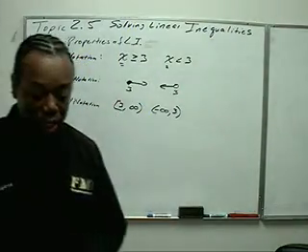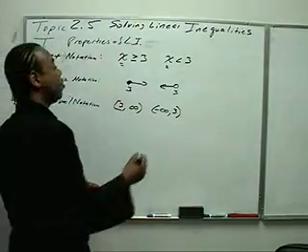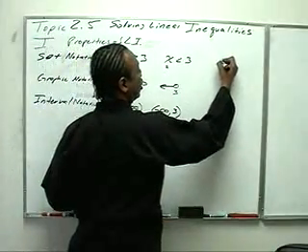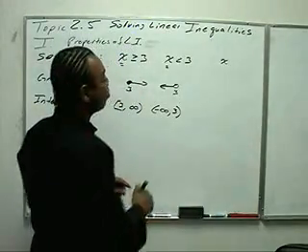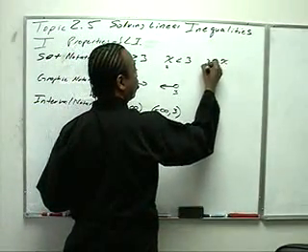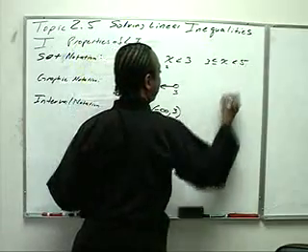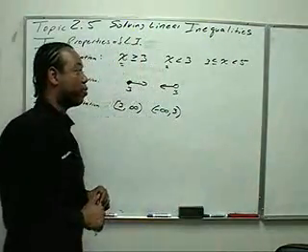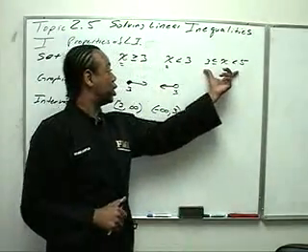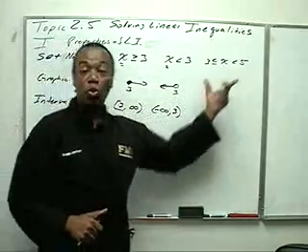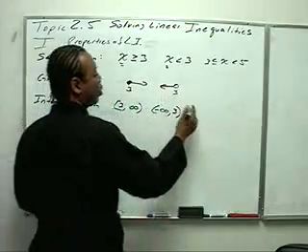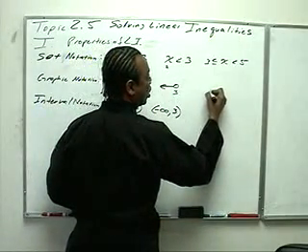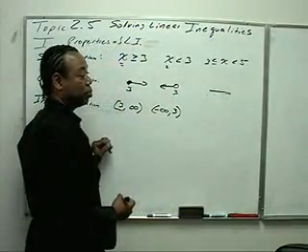Okay. Next, type of set notation is, let's say, x is within 3 and 5. Whenever you see a set notation here where x is between 2 numbers, the graphic notation for that would be a line segment.